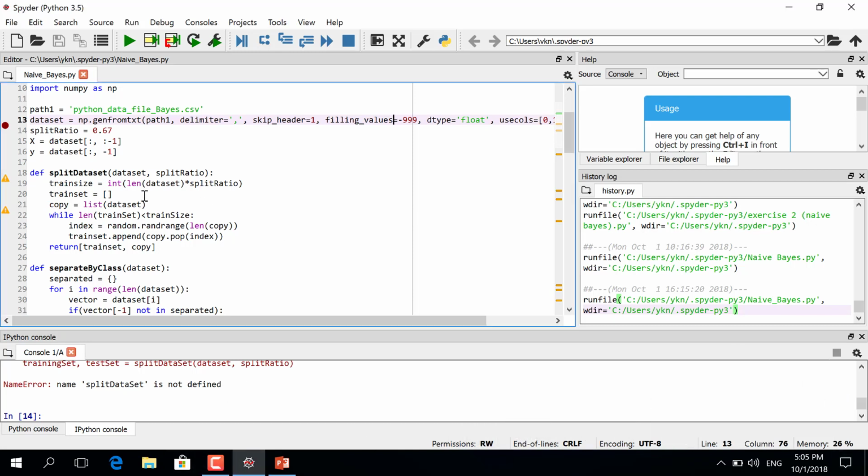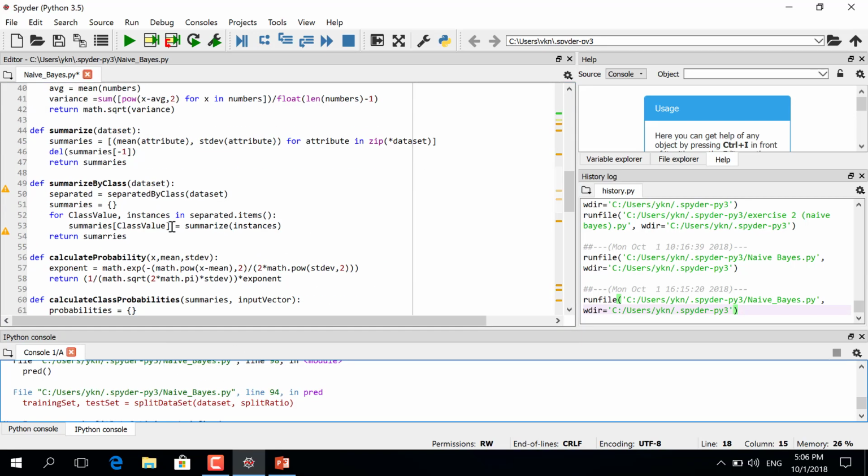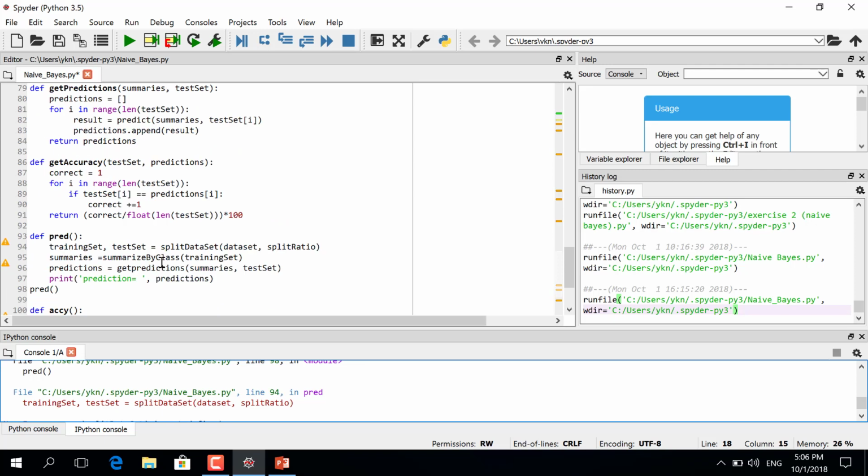This function actually uses split dataset instead of using small s. We have to use a small split, because we don't have a split dataset function with capital S, so we have to use split dataset without capital S.